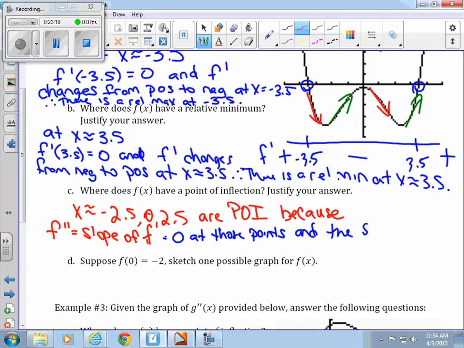So the slope of f prime equals 0 at those points, and I'm just going to say f double prime at this point changes from positive to negative or vice versa.